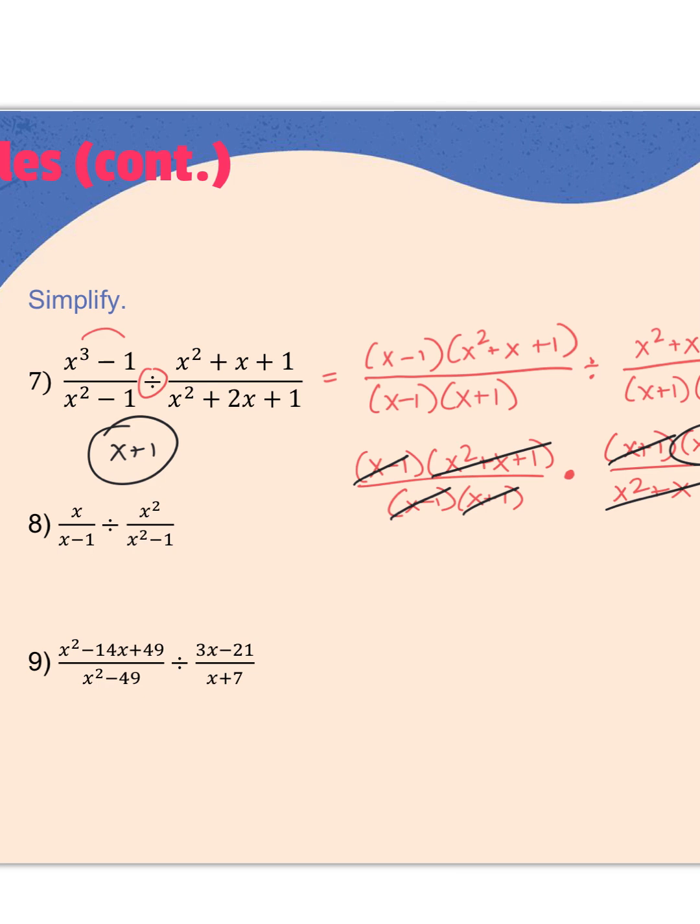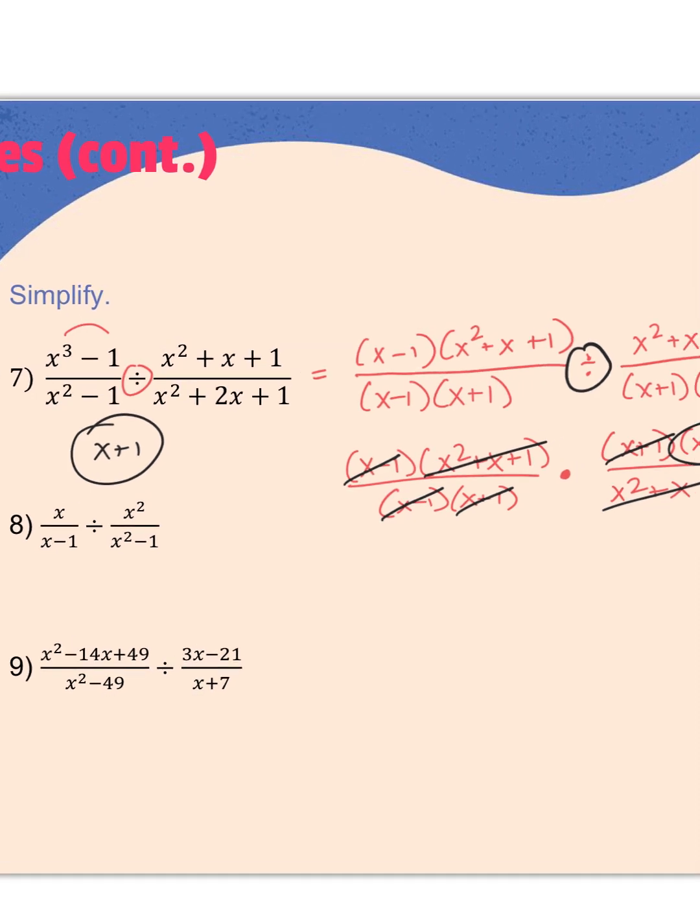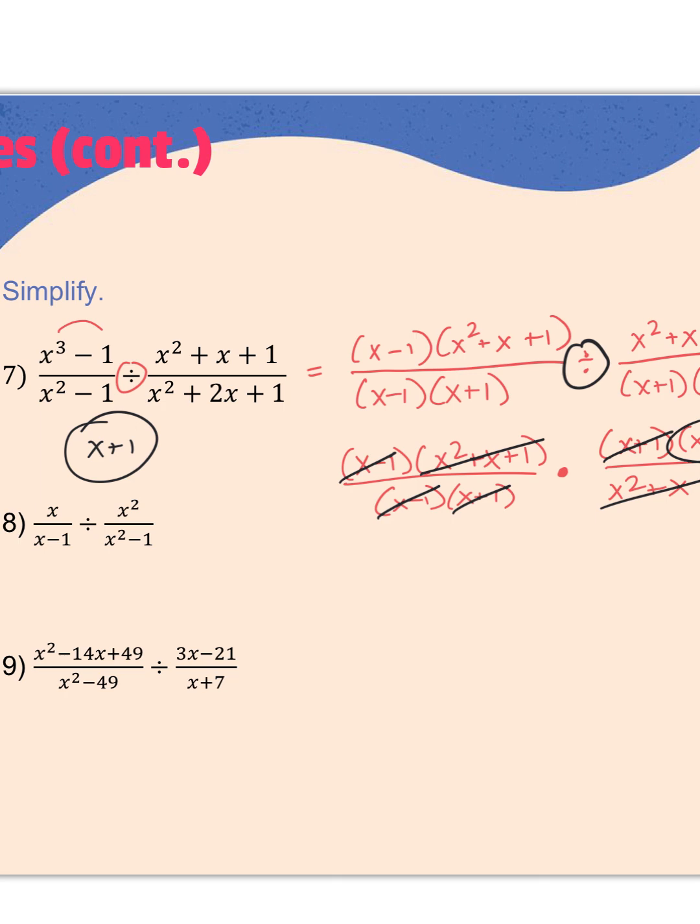Now, some of you guys might say, well, why do you have to keep it as a division when you factor it and then flip it after? Well, you might not realize why I do that now, because we're not asking you domain questions right now. However, this is all affected by the domain. Remember, we talked about that when you have a variable in the denominator, there's certain restrictions to that variable.